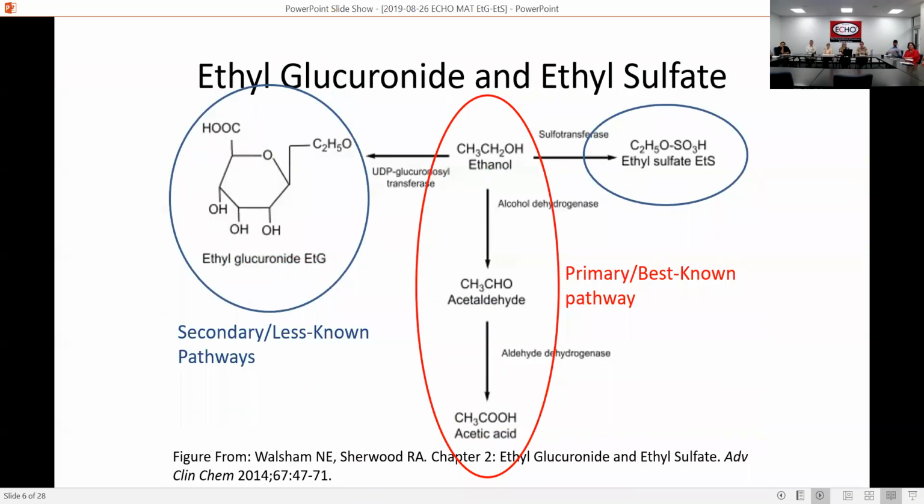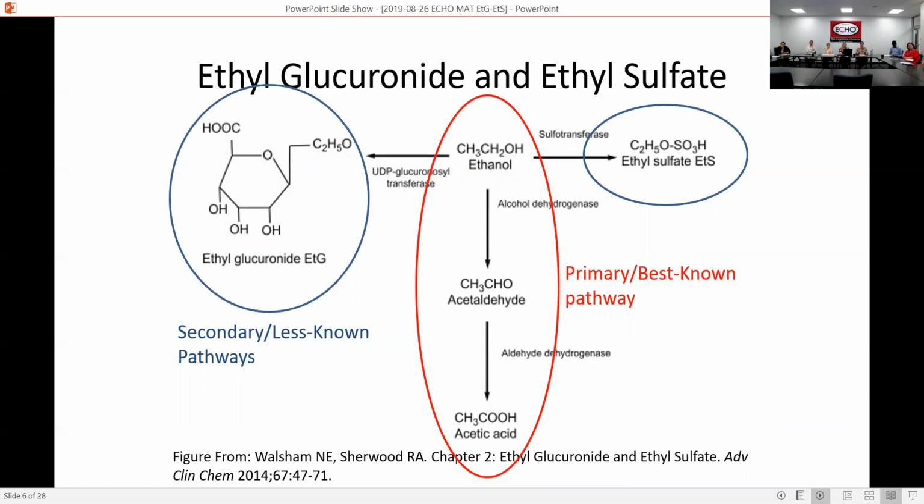So here's the outline. Ethyl glucuronide and ethyl sulfate are kind of secondary pathways for ethanol metabolism. The classical pathway in the center, ethanol to acetaldehyde to acetic acid. And what we're focusing on is conjugation steps, what we consider secondary ways that the liver can remove compounds from circulation.